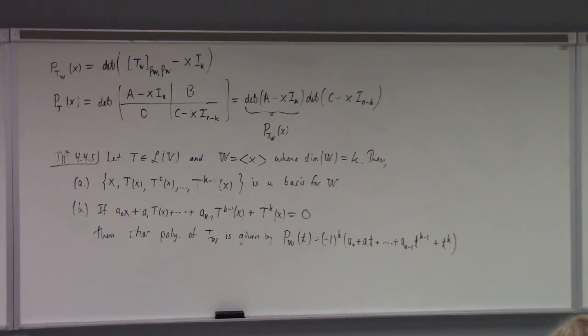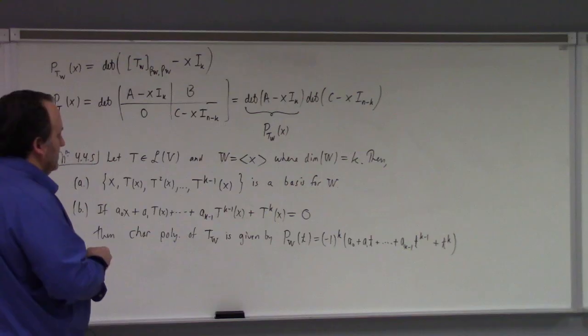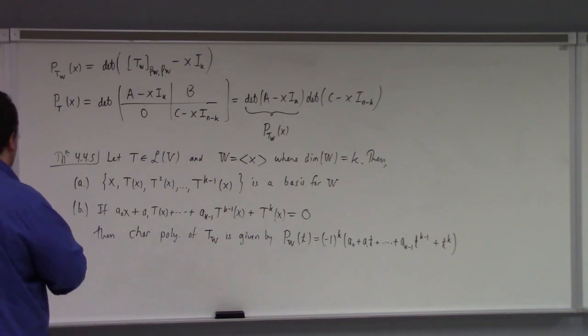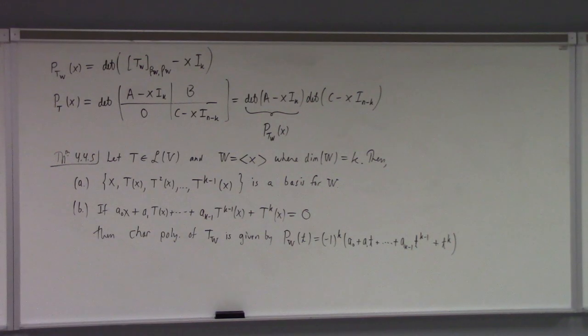Some of this we already did last time, in a sense. Let me set up the theorem. Remember, you guys remember how we defined the notation of x here? What did that mean?